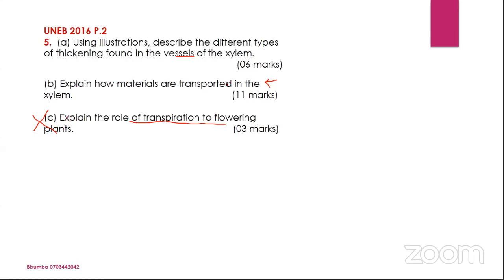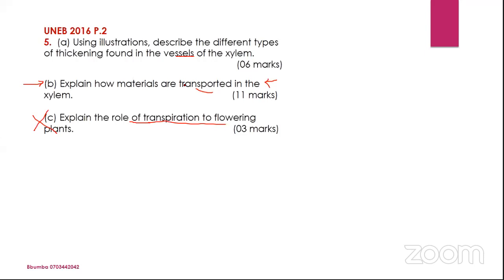But this one says explain how materials are transported in the xylem. Now this one, you must be able to answer it because we have already covered it. So which theory can you use? Are you supposed to begin right from the roots, or do you begin directly after water has been taken from the cortex cells into the vascular tissue?